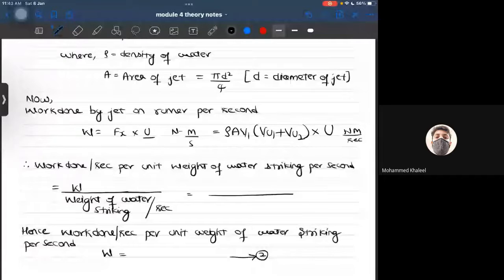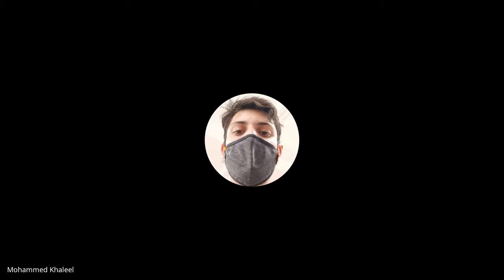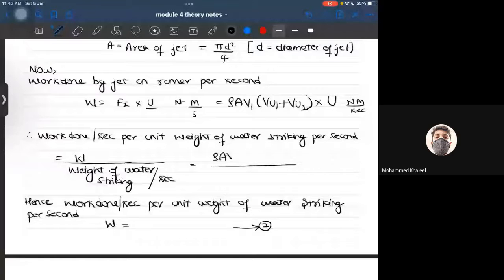Now, work done per second per unit weight of water striking per second. So work done divided by weight of water striking per second is given by, as you have already calculated, rho A V1 into VU1 plus VU2 into U, divided by the weight of the water striking per second, which is rho A V1 into g.